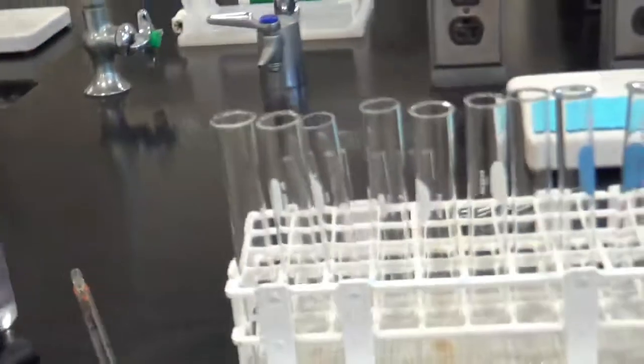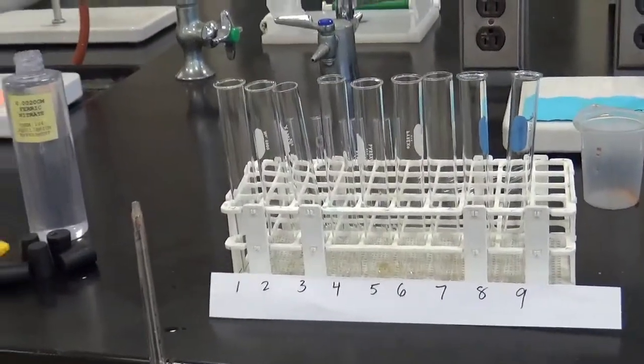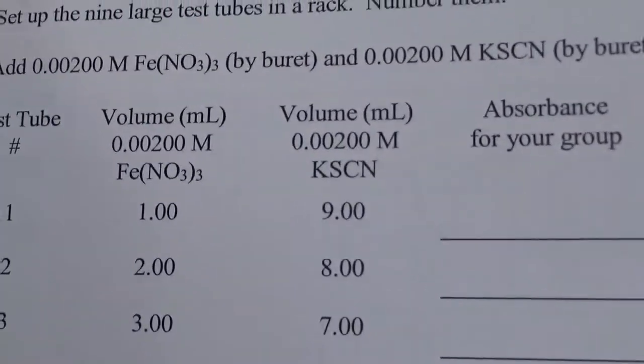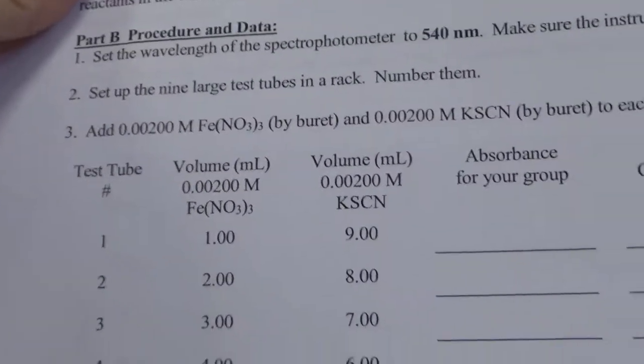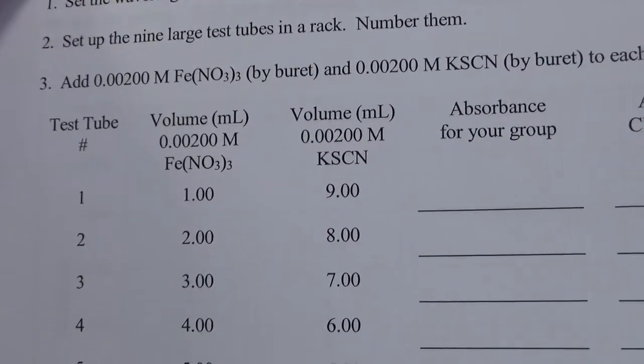So in this part, what we're going to do is we're going to make up 9 different samples of our reaction mixture. Okay, so here I have 9 test tubes. Into these test tubes, in the first test tube, you can see from the list here that I'm going to add a certain amount of milliliters of the FeNO3 and the potassium thiocyanate.